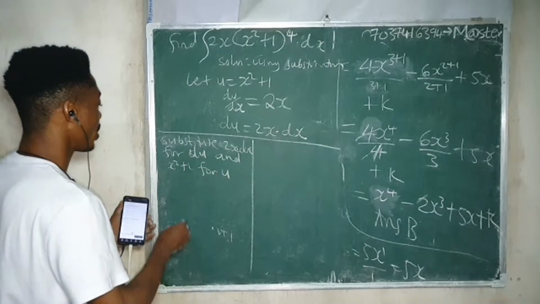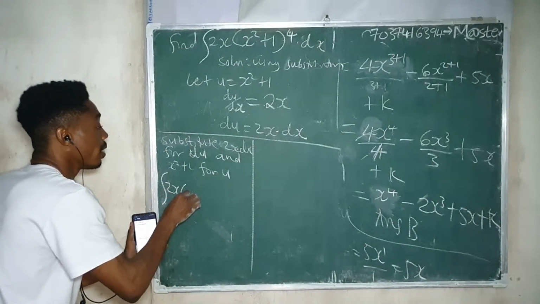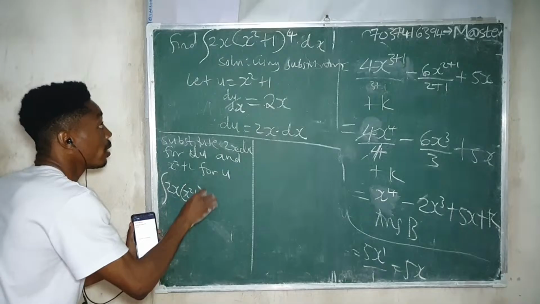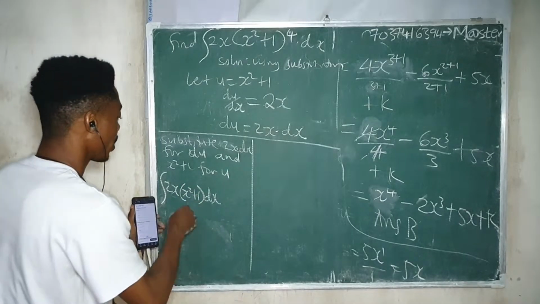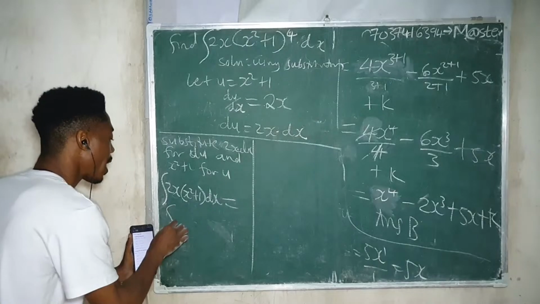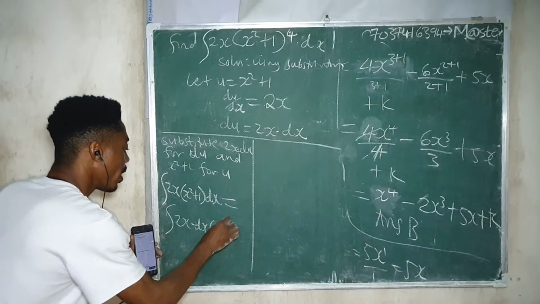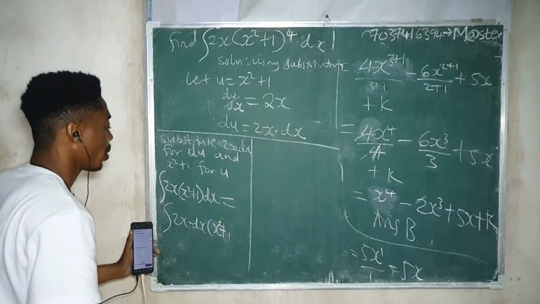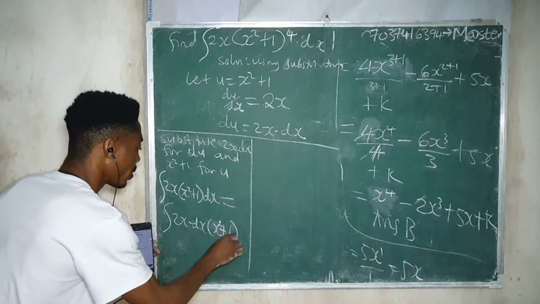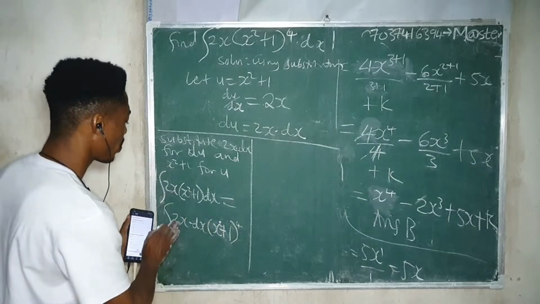What does that mean? It means the integral of 2x into x squared plus 1 raised to power 4 dx is the same thing as saying the integral of 2x dx into x squared plus 1 raised to power 4. In fact, I prefer putting it this way.